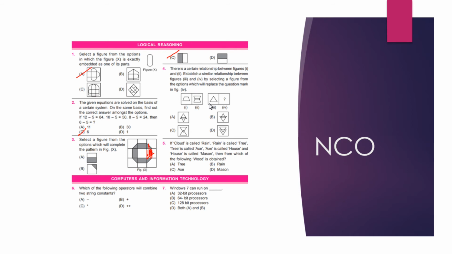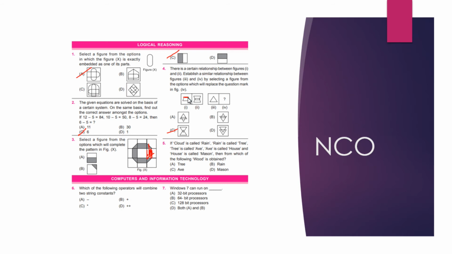Next, there is a certain relationship between figures 1 and 2. Establish a similar relationship between figures 3 and 4 by selecting a figure from the options which will replace the question mark in the given figure. Which figure will replace the question mark given below? I think it's C. Yes, it's C, because here also the figure bases meet.